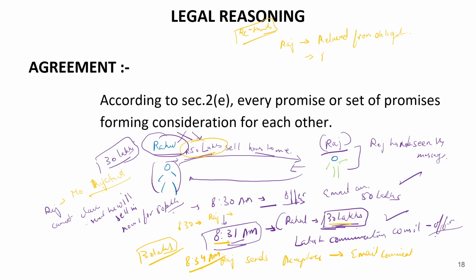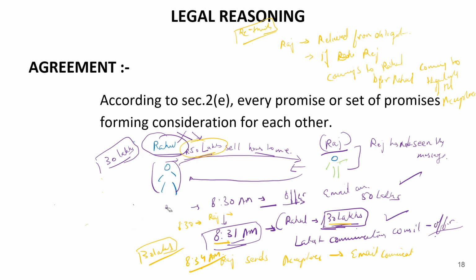So if Raj conveys to Rahul before Rahul comes to know of the acceptance, here, if Raj sends his acceptance at 8:34 to the email made by Rahul at 8:31 that I wish to purchase a house for 30 lakh rupees.